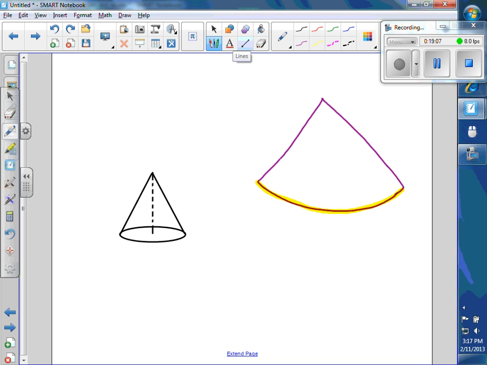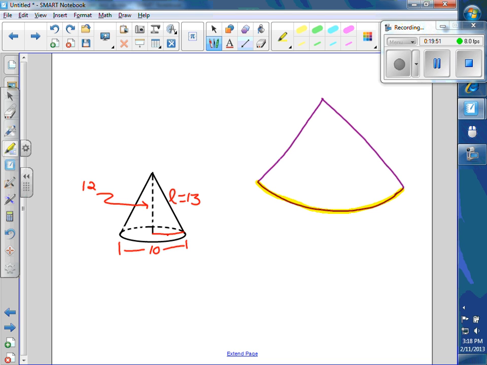So a good test question is, if I told you that this was 10 units, and this was 12 units, what would this L value, the slant height, be? Do you recognize that triangle yet? 13. It's the same one as the last one, 5, 12, 13.